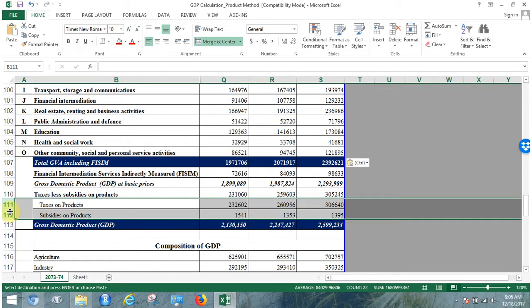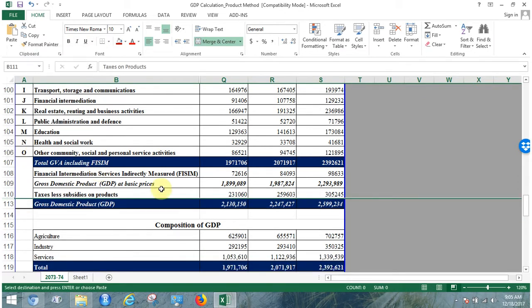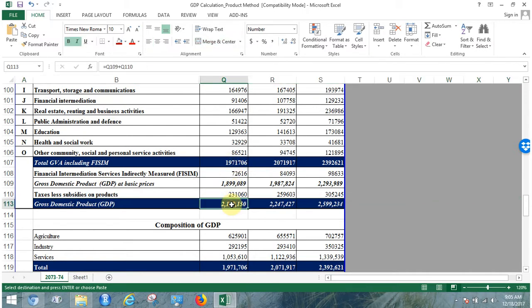There are discrepancies between the gross value added and the gross domestic product in two respects.